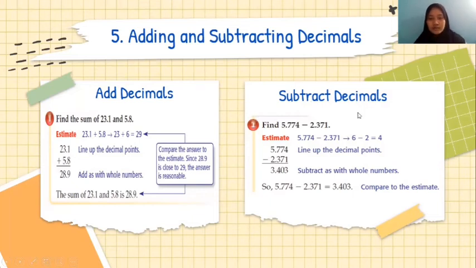And subtract decimals. This is the example. You must line up the decimal points and subtract as with whole numbers. So this is the solution to this question.